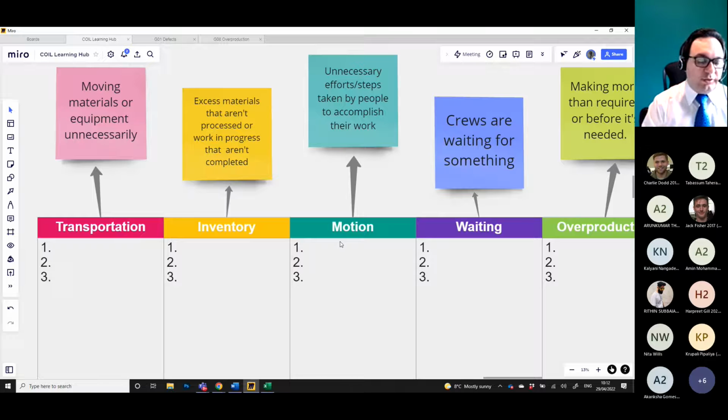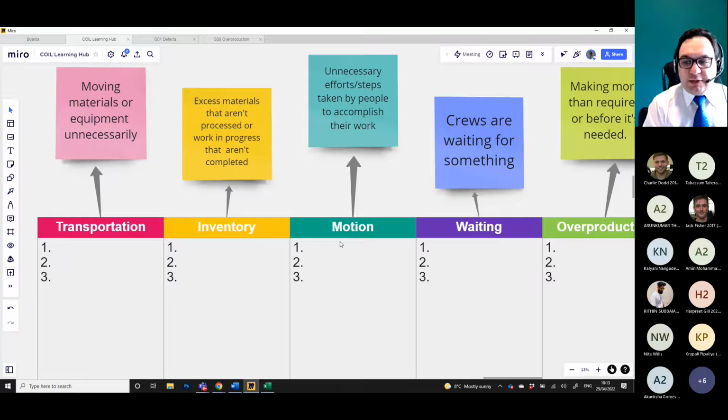Sometimes you can see some similarities, but in most cases, motion is about unnecessary efforts or steps people take to do something. For example, poor health and safety practice on site is kind of motion based. Or bad posture for working is a kind of motion waste.